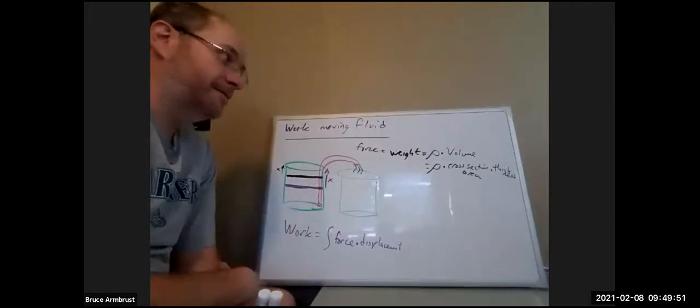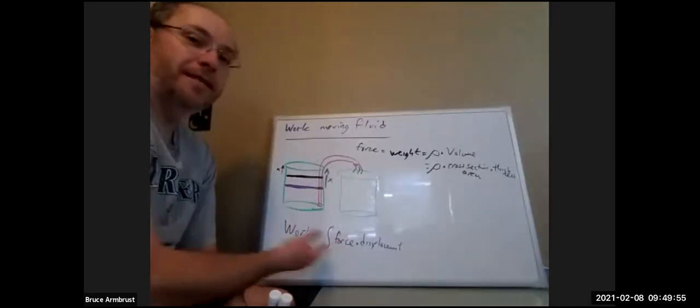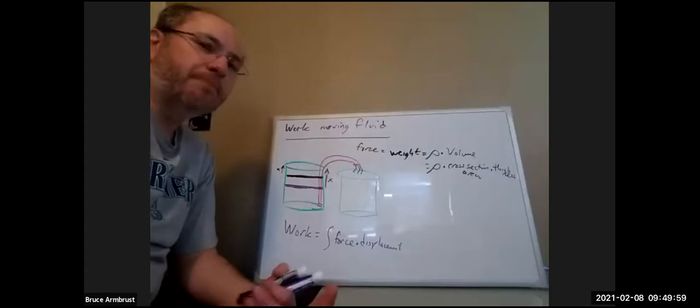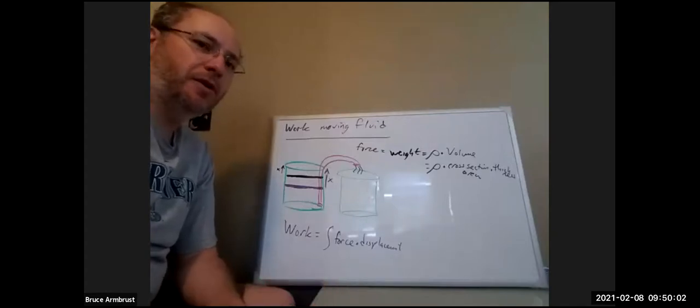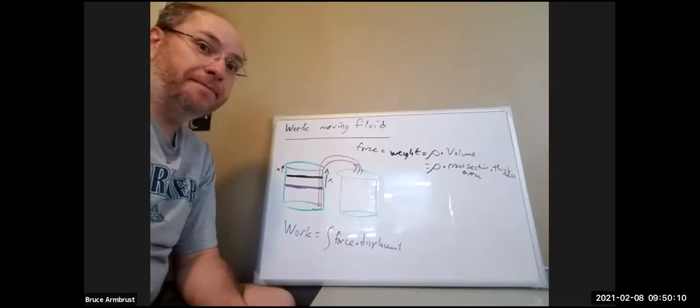For this one, it's now the force that's giving us the differential. So with work problems, you will see both of those. Sometimes they're set up so that displacement gives you your differential. Other times it's your force that gives you your differential, but it's always going to show up somewhere.